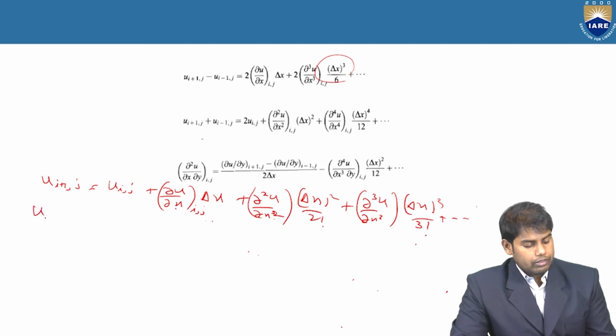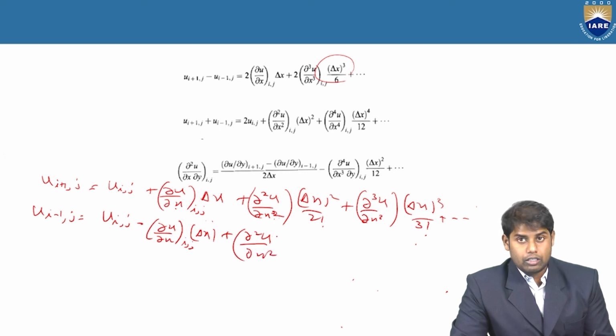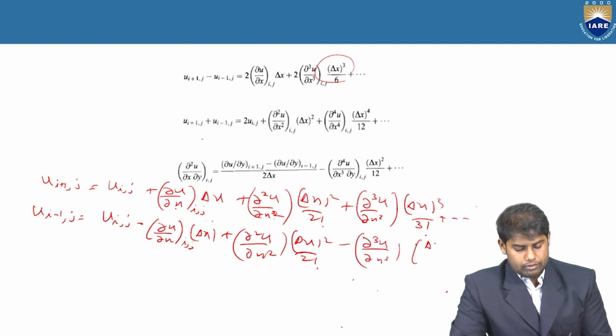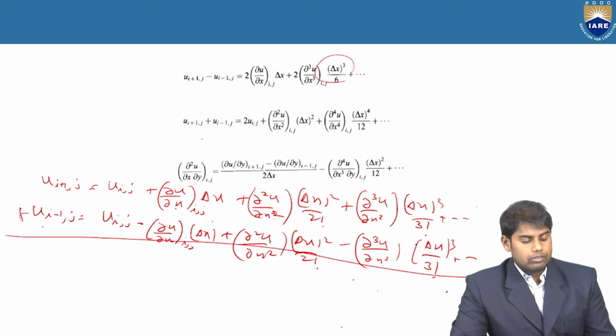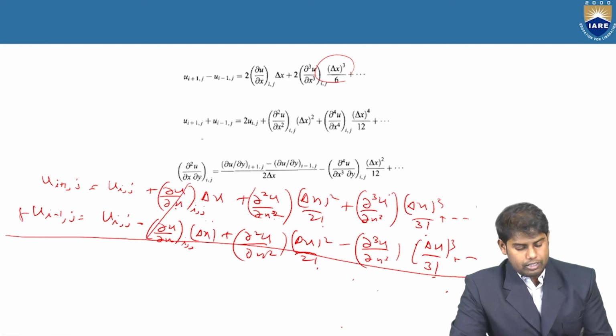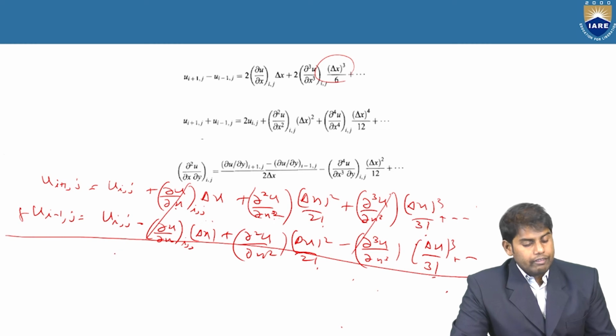So what is i−1? u(i,j) minus ∂u/∂x at (i,j) into Δx plus ∂²u/∂x² into Δx² divided by 2 factorial minus ∂³u/∂x³ into Δx³ by 3 factorial plus so on. When you add these two terms, the odd terms get cancelled, whereas when you subtract, the even terms get cancelled.